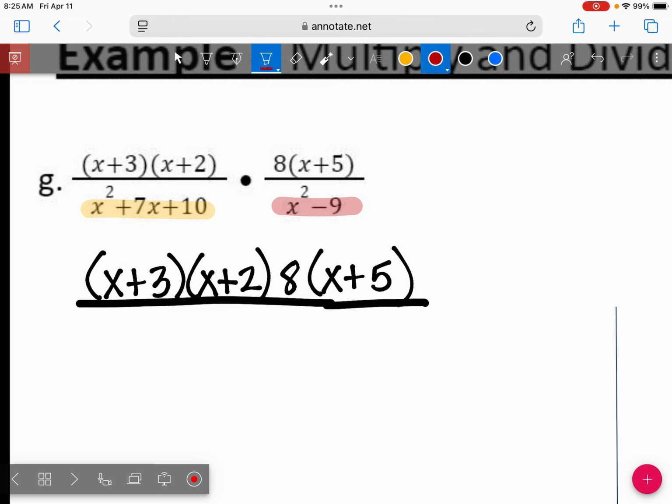Okay, so let's look at what I have highlighted in yellow first. A is 1, so put an x in front of both.